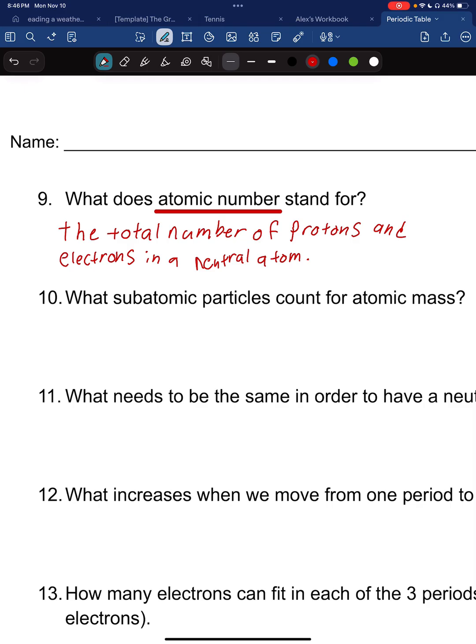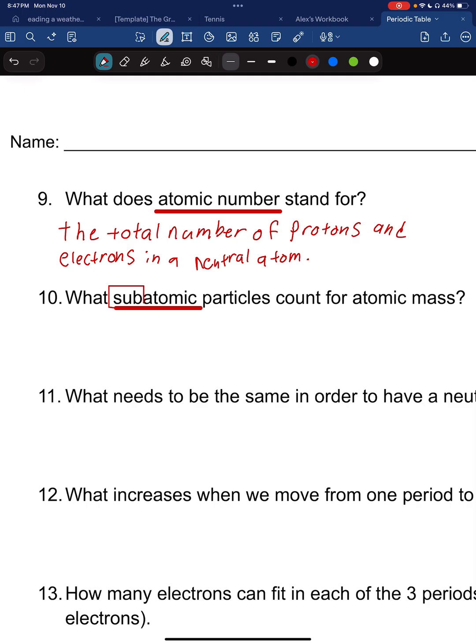What subatomic particles count for atomic mass? This word subatomic particles, we need to break this down into a few parts. Our first part is the prefix sub. When you hear the word sub, think of a submarine. A submarine goes under water.